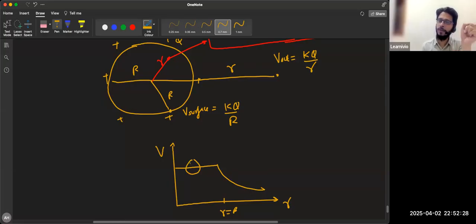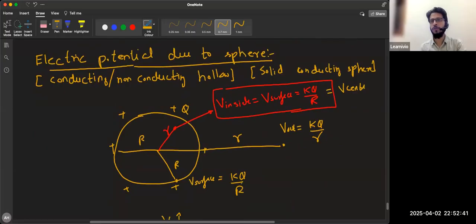If you look at the graph that we plotted in Gauss law, up to the surface, your field was zero, and then it goes as 1 by r squared. Because the potential is constant, field cannot exist. Write down this simple relation, then we'll do numericals over it. The majority of questions from this chapter come from this sphere, hollow sphere, solid conducting sphere.